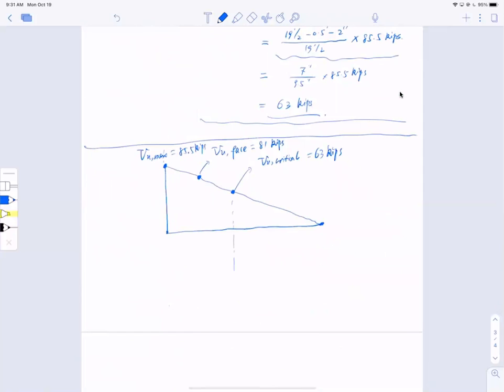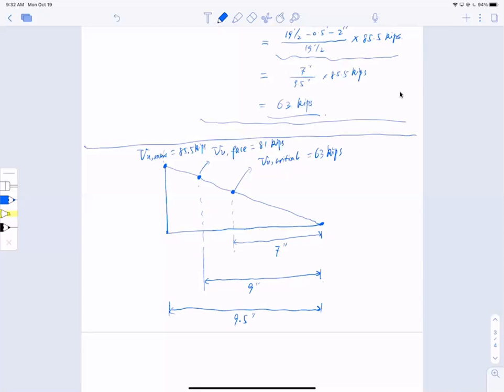This distance right here is 7 feet, this distance from the face of the support is 9 feet, and this distance right here is 9.5 feet. Now this is the complete shear diagram.